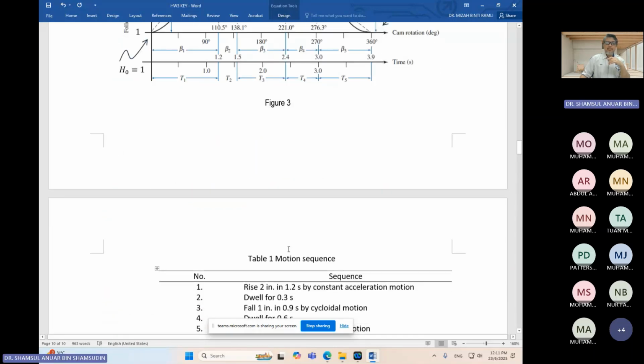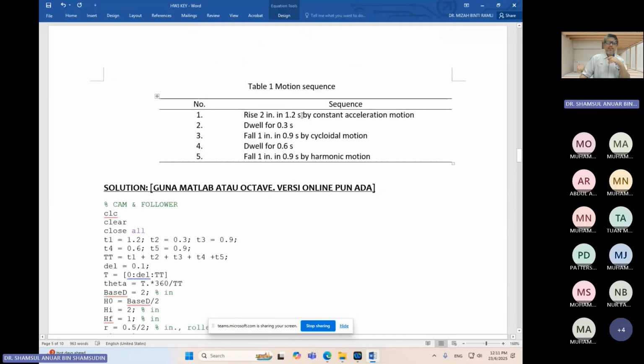So either you work in time, or you can convert the time into degrees, because the total time here, 1.2 plus 1.5 plus 1.5 plus 2.4 plus 3 plus 3.9. So 3.9 seconds to complete 360 degrees. From there you can find the relationship between time and the angle.